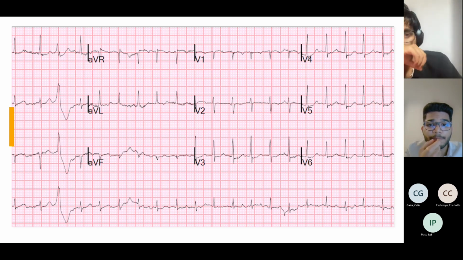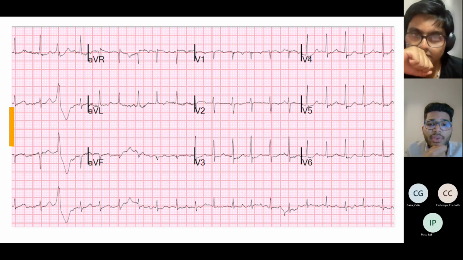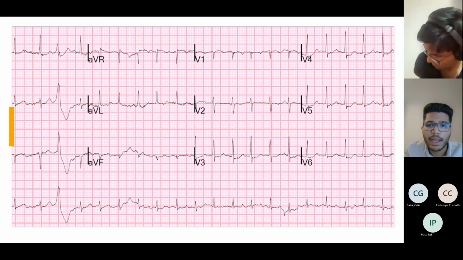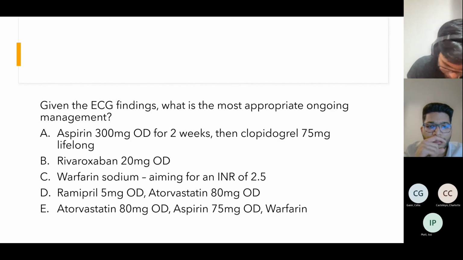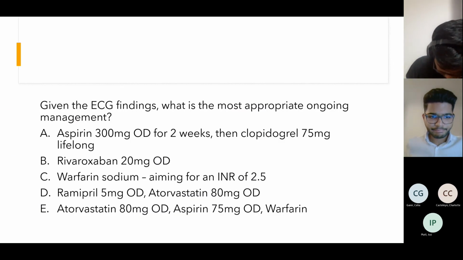So you're looking at atrial fibrillation. Okay, so this guy has AF, so he's thrown off a cardioembolic clot which has caused a stroke. So how are you going to manage him?